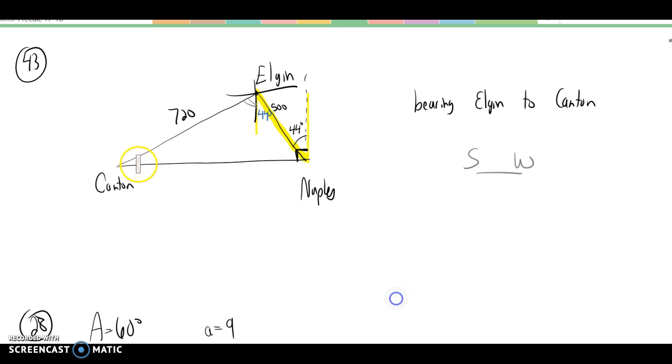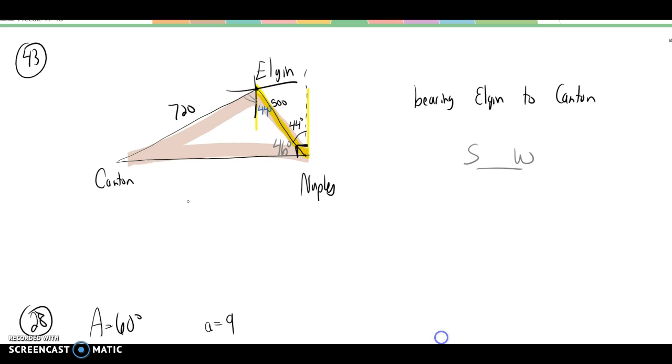Looking then inside of this entire triangle, I see that this angle down here at the bottom, 90 minus that 44 would give us 46 degrees. So then we could use the law of sines to help solve for some of this. In other words, the sine of 46 degrees over 720 is equal to the sine of, call that angle C, over the opposite length of 500.